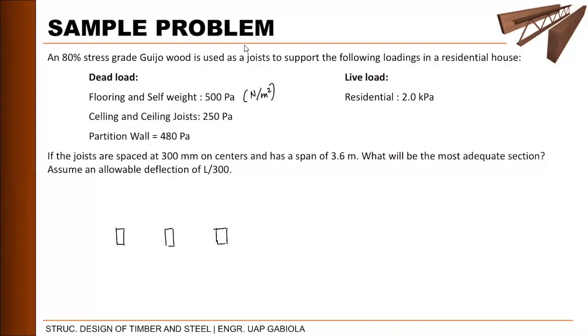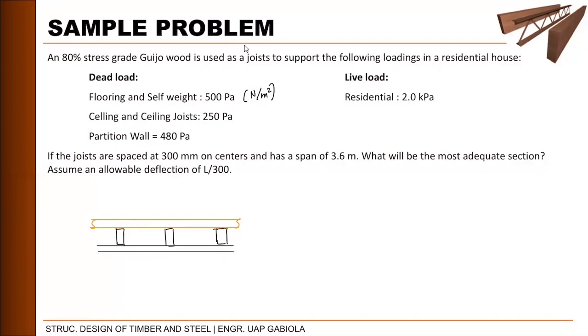So assume natin na may flooring siya dito at top. And then meron din daw siyang ceiling, no? So pwede tayo maglagay ng ceiling actually dito to hide yung ating mga joists, depende na lang kung gaano kakapal yung drywall o yung material na gagamitin.